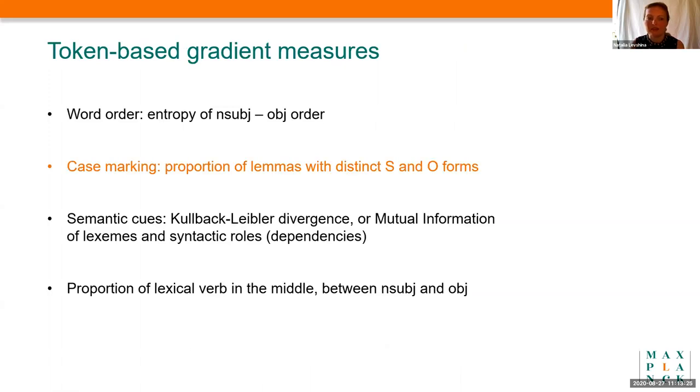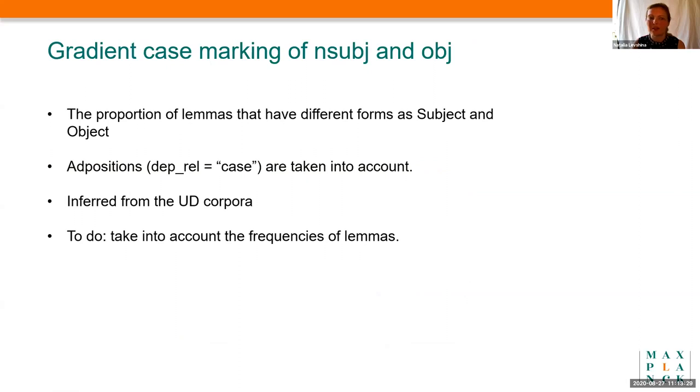So now the next parameter is case marking. I basically took all nominal lemmas from the UD corpora, and I also extracted their forms as the subject and object. If they overlapped, if they were identical, then I didn't take that into account.